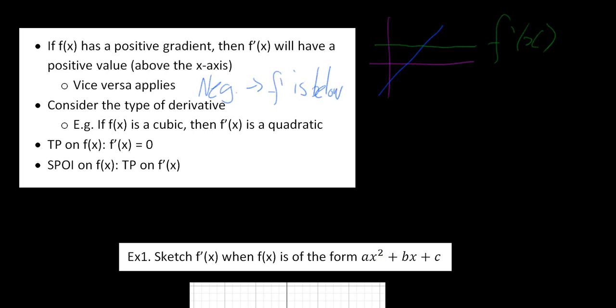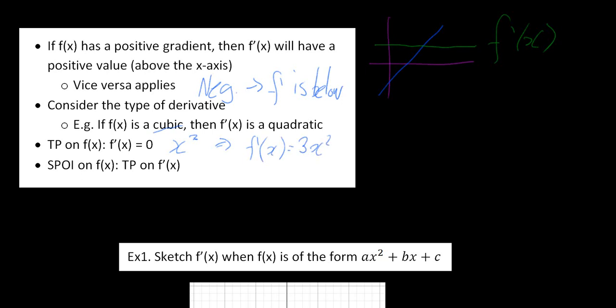Okay, so this one here I generally regard as optional, and sometimes it may give you clues on how to draw a derivative function, or even going backwards from the derivative to the original. So here, you want to consider the type of derivative. If f of x is cubic, so if you have x to the power 3, then this means that f dash would be equal to some sort of quadratic, in this case exactly 3x squared.